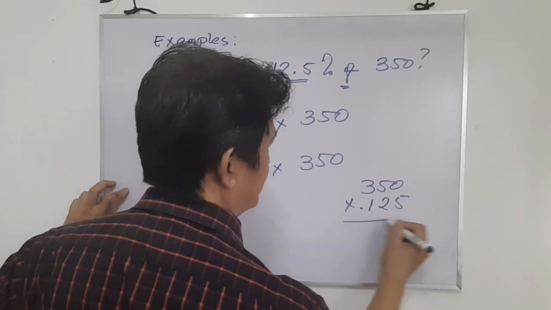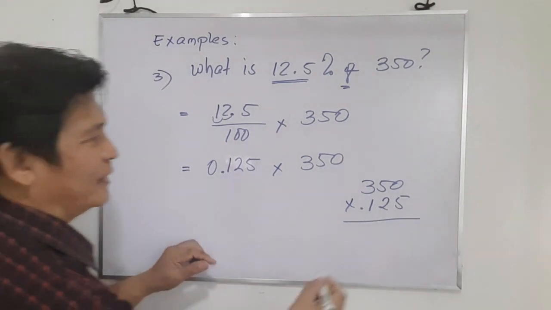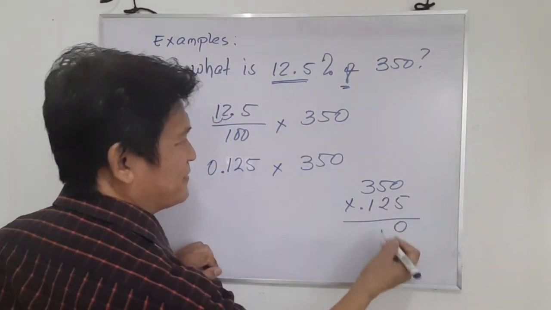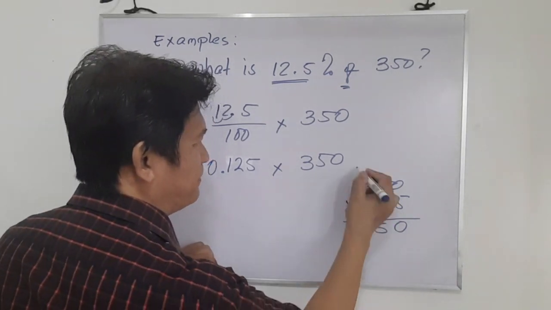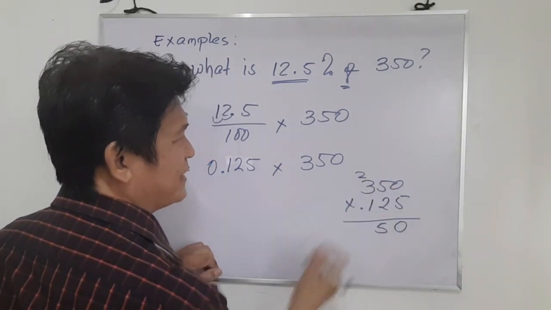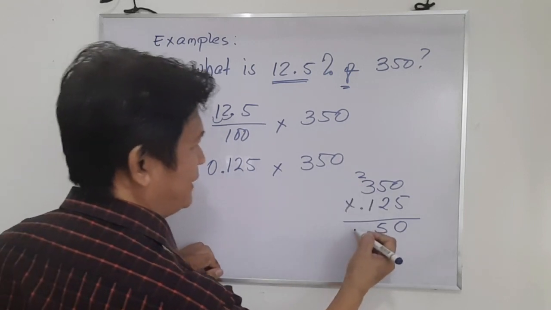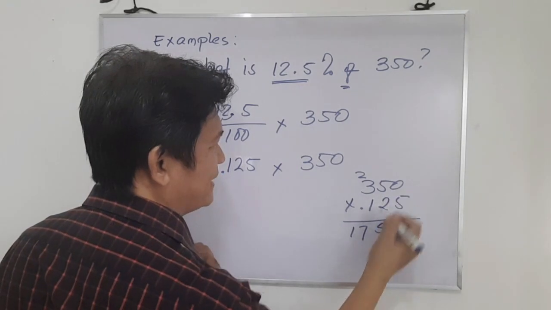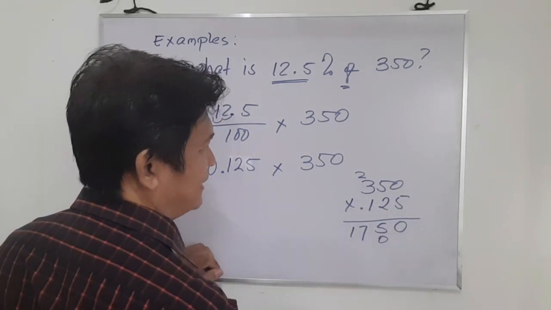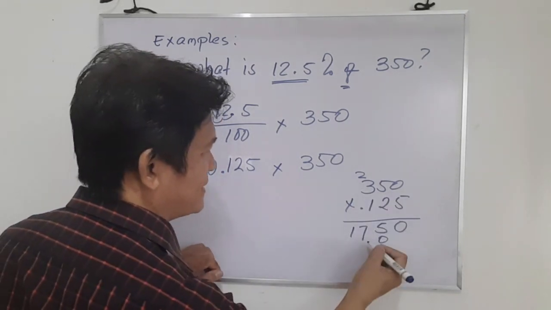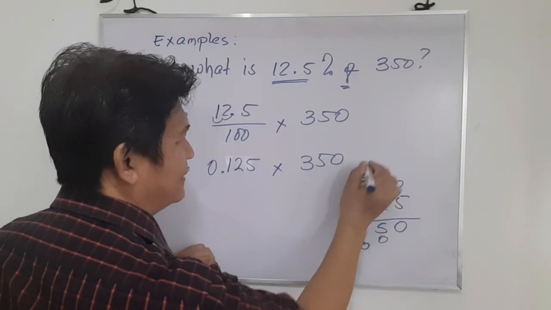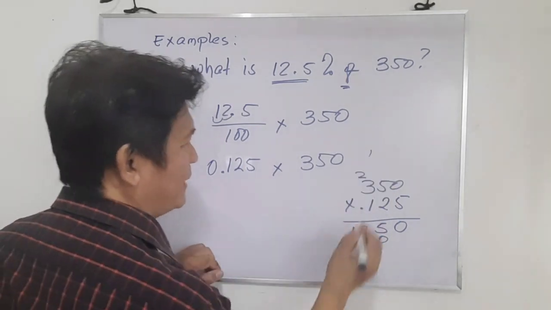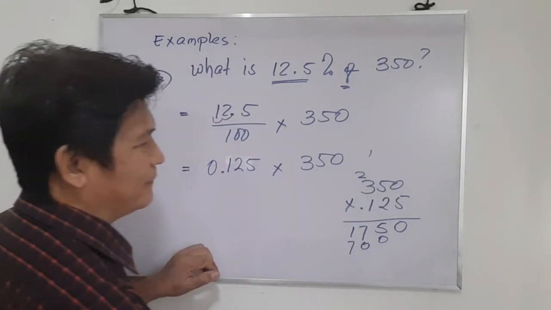using our long method, 5 times 0 is 0, 5 times 5 is 25, carry 2. 5 times 3 is 15, plus 2 is 17. And then 2 times 0 is 0. 2 times 5 is 10. Carry 1. 2 times 3 is 6, plus 1 is 7.